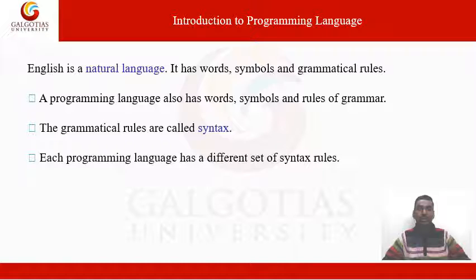The grammatical rules are called syntax. Each programming language has a different set of syntax rules. As I said earlier, like formal and informal languages, the programming language also has a set of procedures and flow. The grammatical rules followed in the programming language we call syntax. Each programming language has a different set of syntax rules.